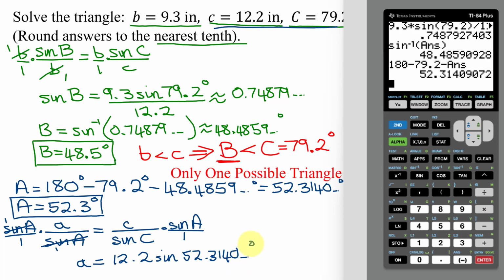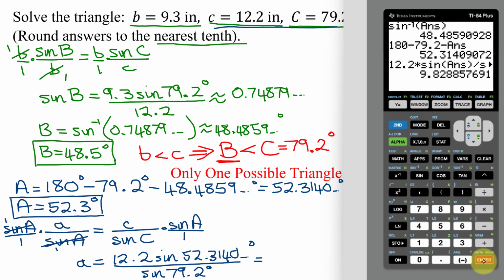52.3140, divided by the sine of angle C, which was 79.2 degrees. Running out of room here. Doing this on the calculator, I have 12.2 times the sine of my angle A, which is here in the answer, so put second answer, close parentheses, divided by the sine of 79.2, close parentheses, hit enter.